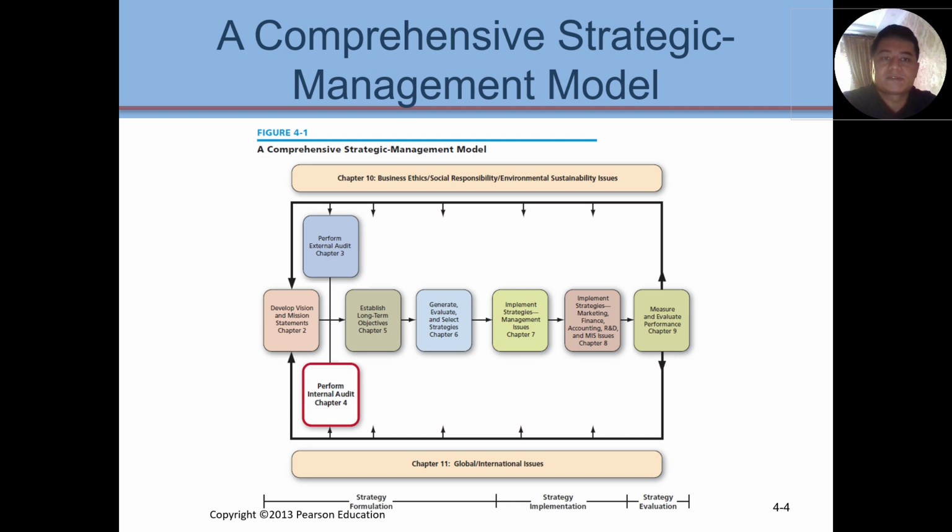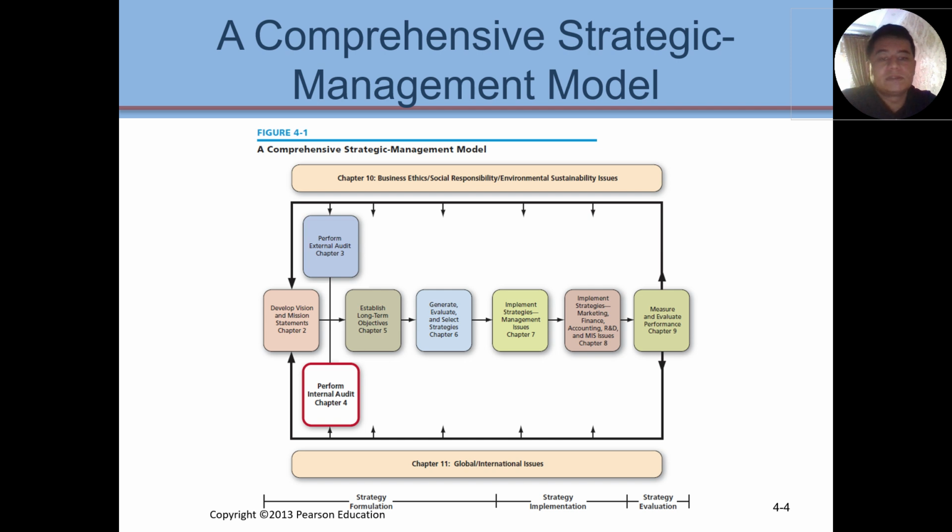A comprehensive strategic management model. As I mentioned in the earlier chapter 1, you have to develop a vision and mission statement, establish long-term objectives, and generate, evaluate, and select strategies.